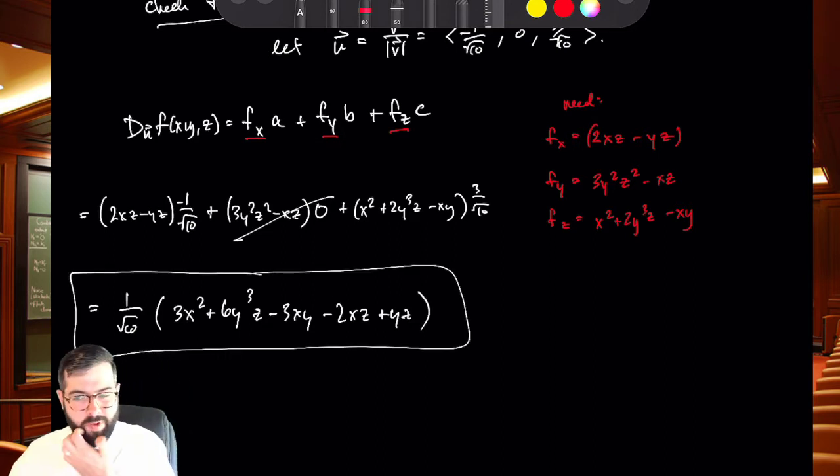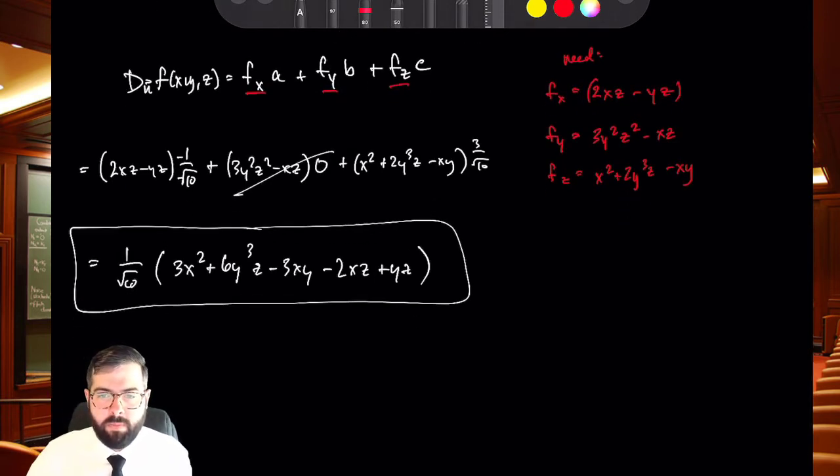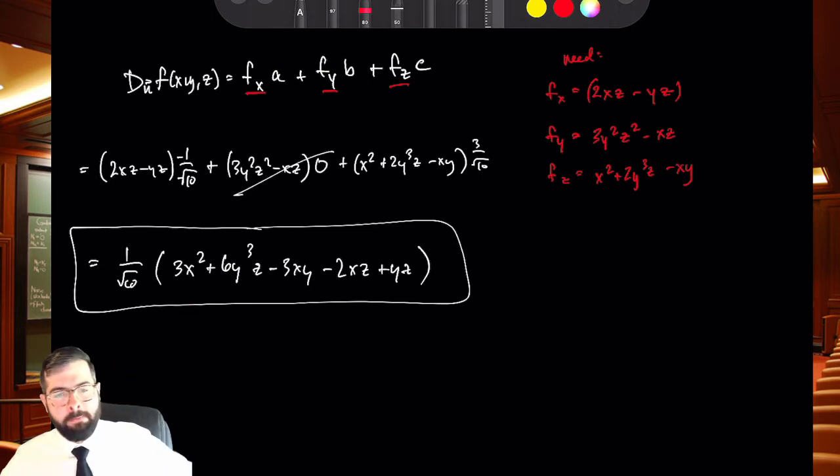Now, what do you notice? What value do we get here? What type of value do we get here? Vector or scalar? Yeah. Well, there's still x's, y's, and z's floating around.